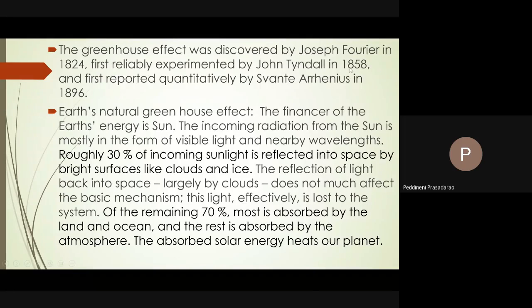The financer of the Earth is definitely the sun. All the energy that we receive today is because of the sun, and we receive this energy in the form of electromagnetic radiation.